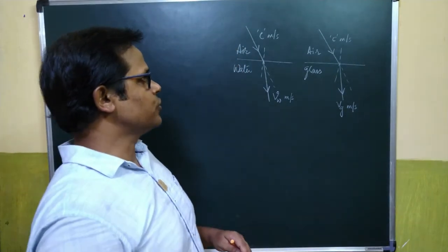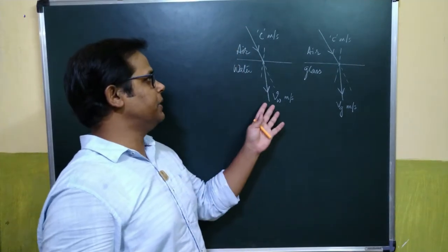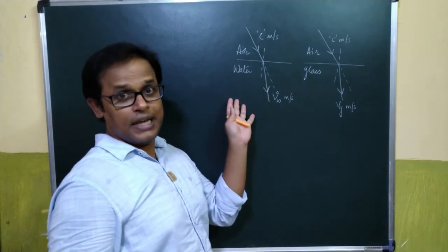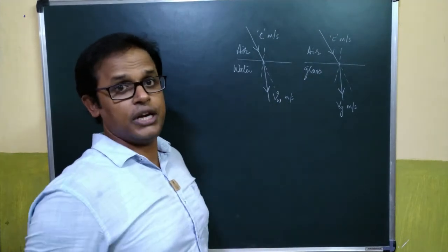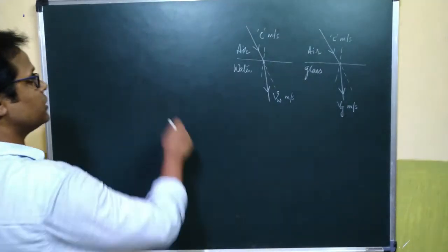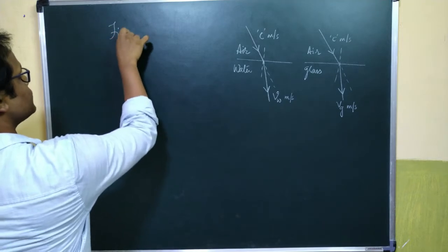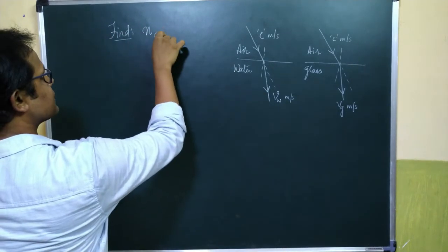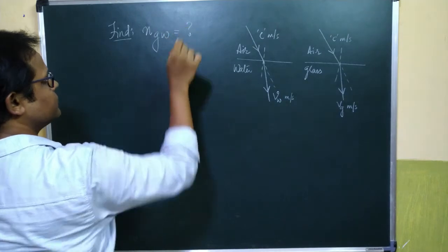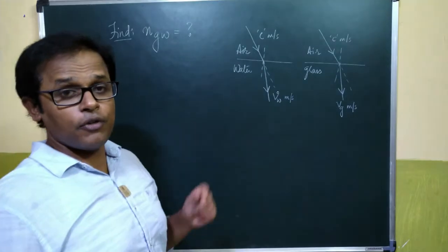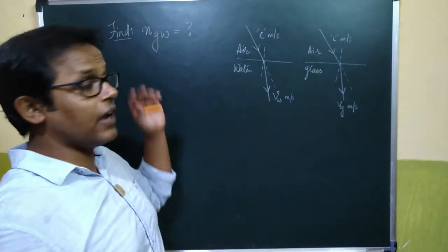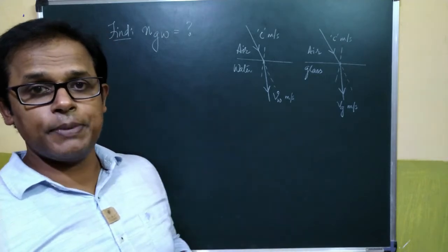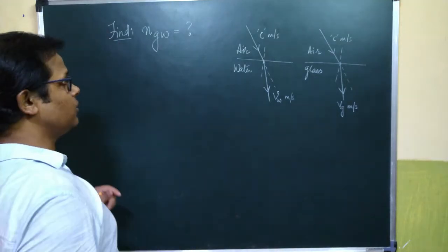If you want to find the speeds, if you want to find the refractive index, you have all the tools ready for you. But my question is, find the refractive index of glass with respect to water. Or for that matter, I could have also asked you, find the refractive index of water with respect to the glass. Anything would have been all right.